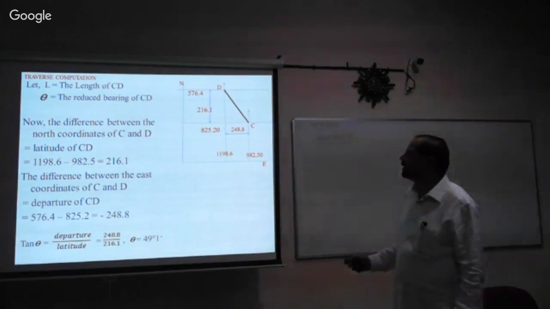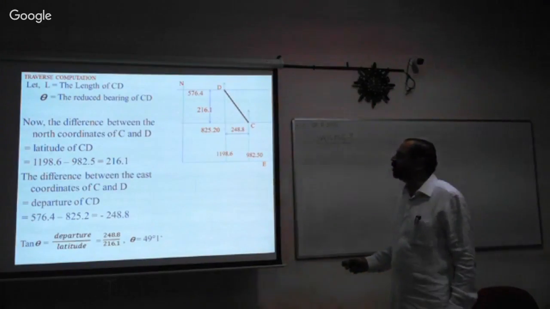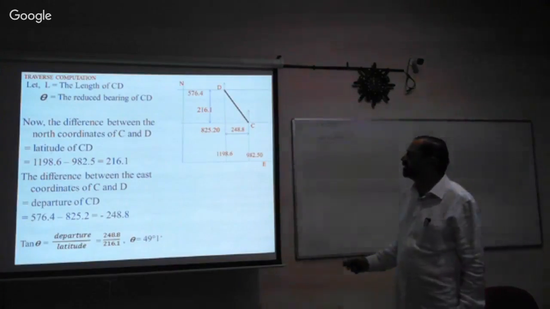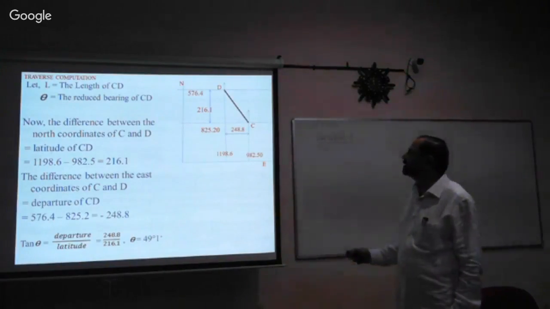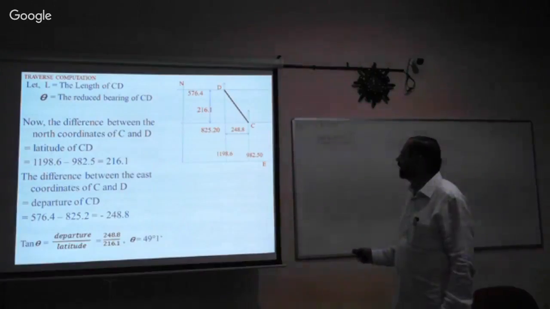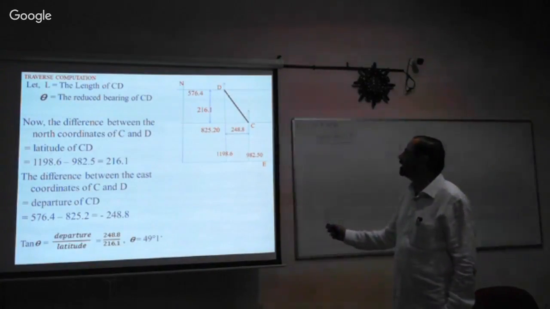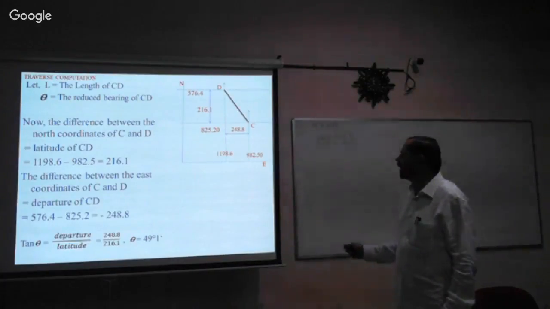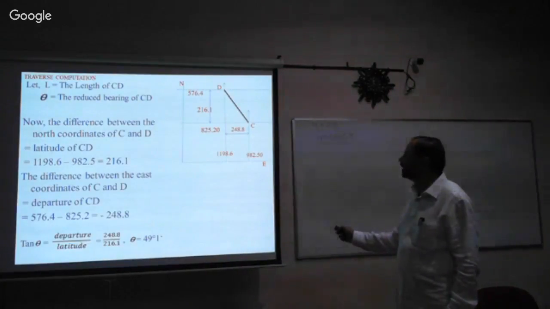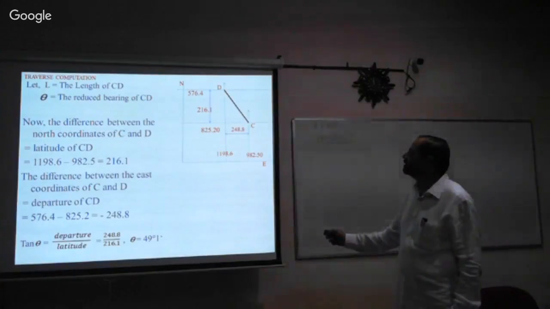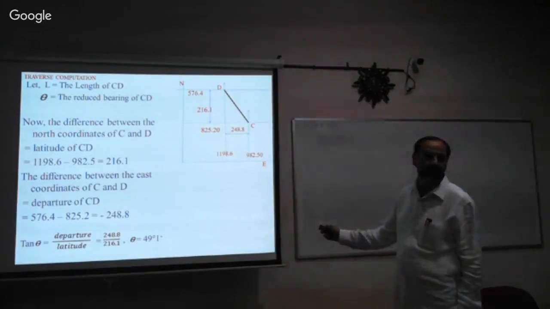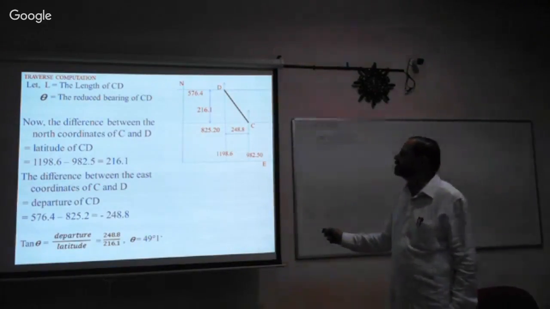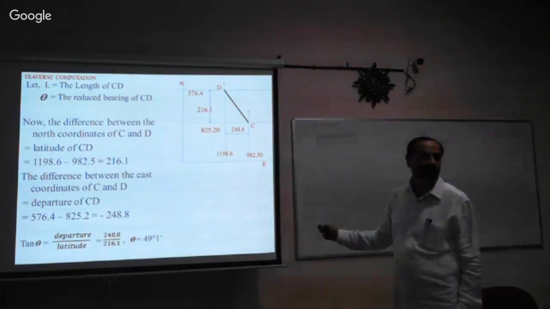Now see, this is the north coordinate of C and the north coordinate of D. The difference between the north coordinates of C and D is this much, 216.1.